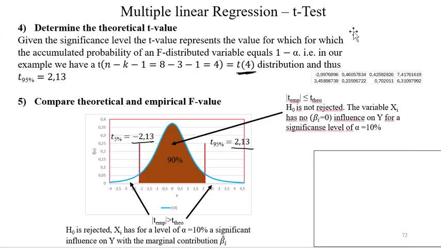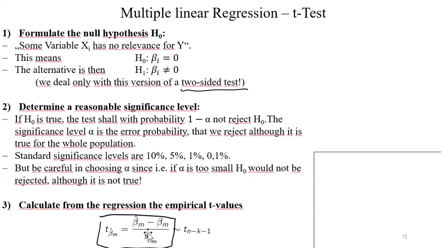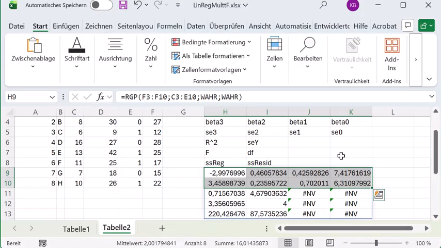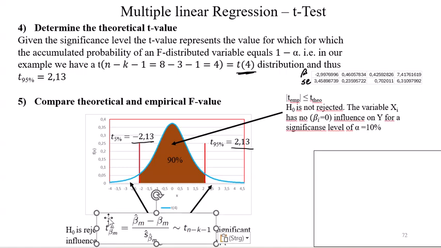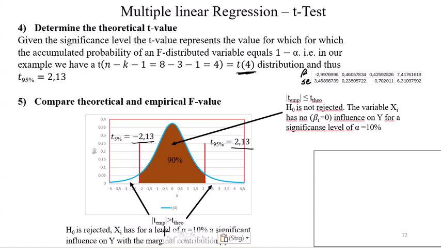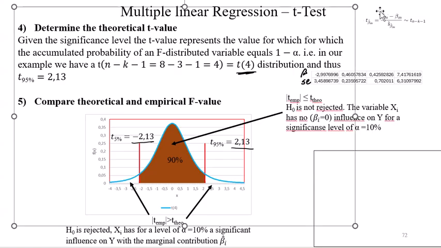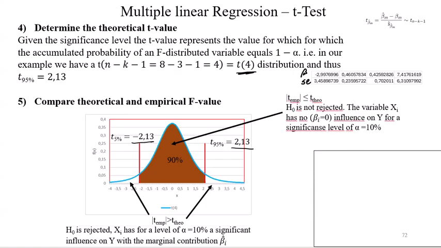So these are our beta values, and these are the standard errors, and our test variable is just given by our estimated values of beta divided by the standard errors.